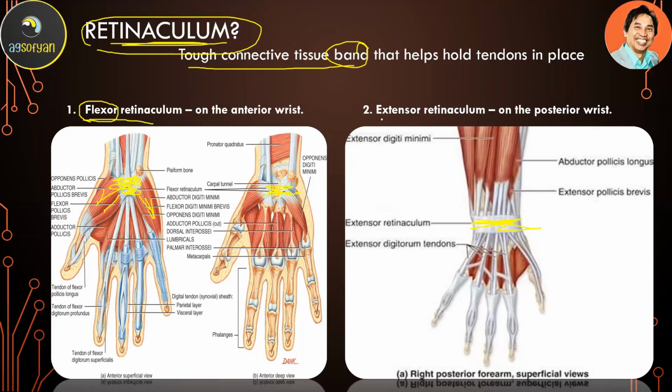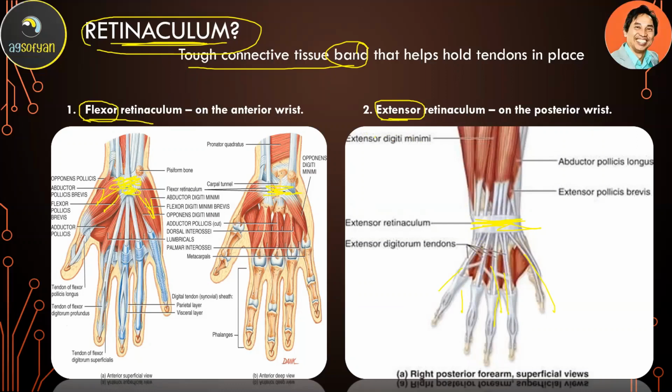On the other side, if you look at your hand and you see the back of your palm, then under that skin on the wrist, there will be another retinaculum. It's called the extensor retinaculum, because this retinaculum will hold the muscle that is able to extend your finger, open your finger over here.